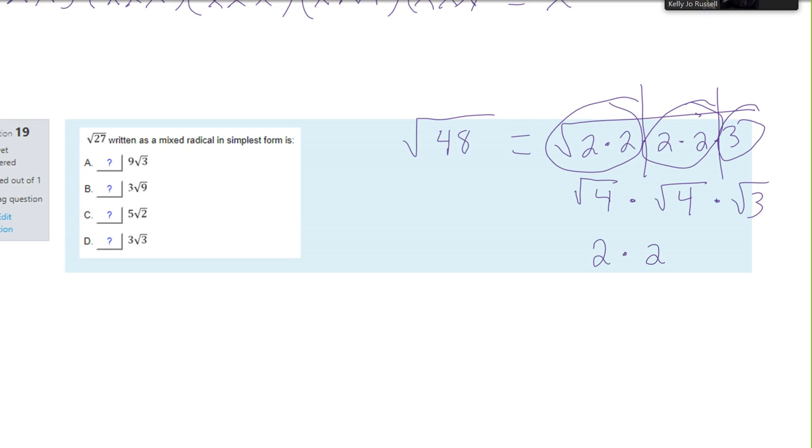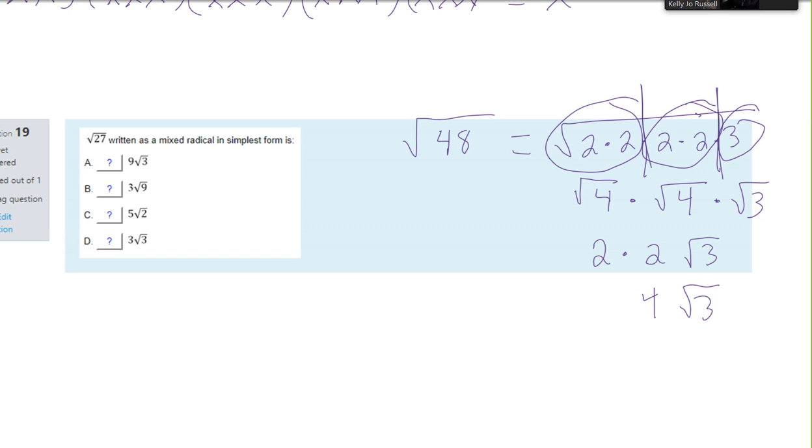Square root of 4 is 2. Square root of 3 is square root of 3. Well, 2 times 2 is 4. So it's 4 times the square root of 3. I've never done it that way, but it kind of helps me see it a different way there. I don't know if that helps anyone else that was having troubles with it.